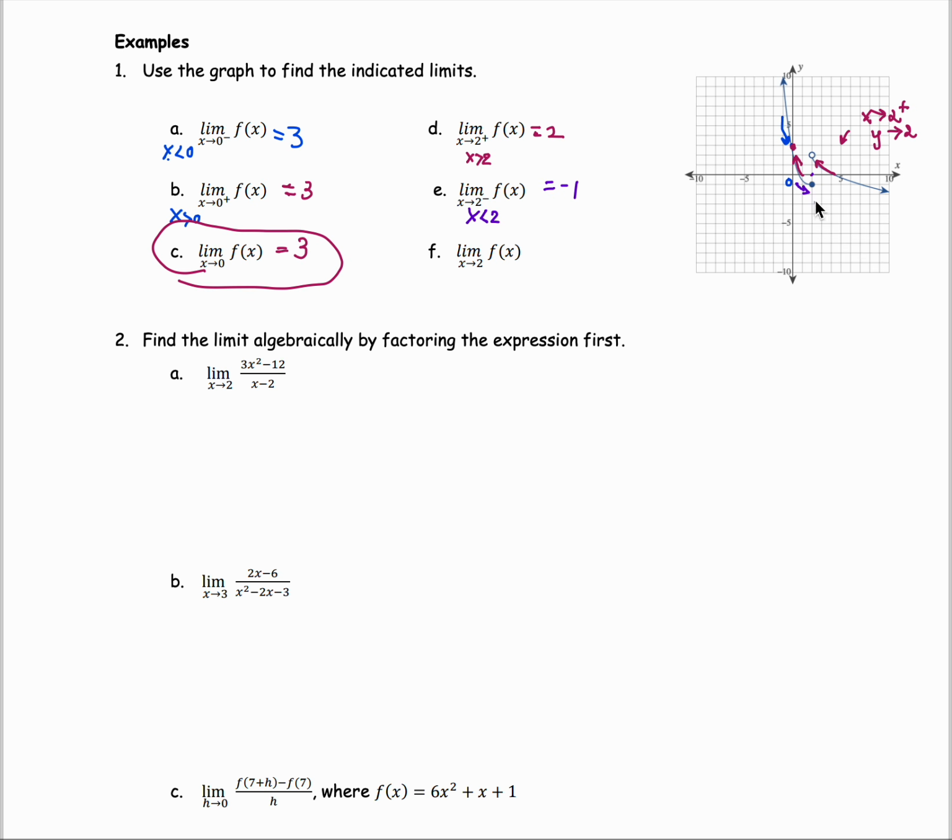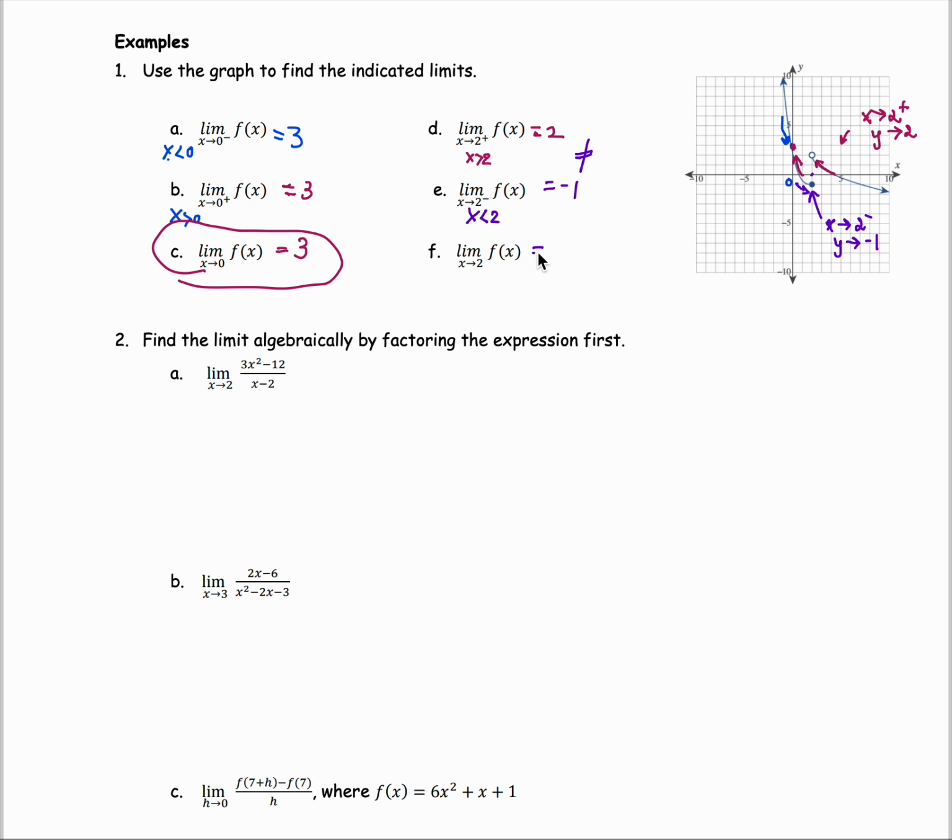To wrap up, as x approaches 2 from the left, y approaches -1. So that's the left-hand limit value, and this is the right-hand limit value. Now D and E are not coming to the same value.